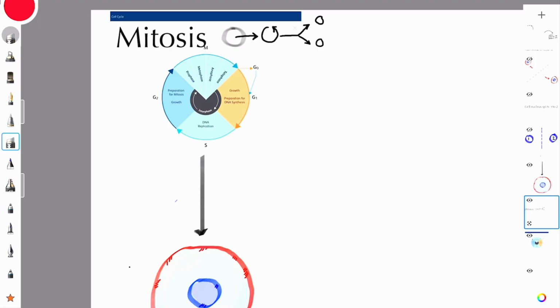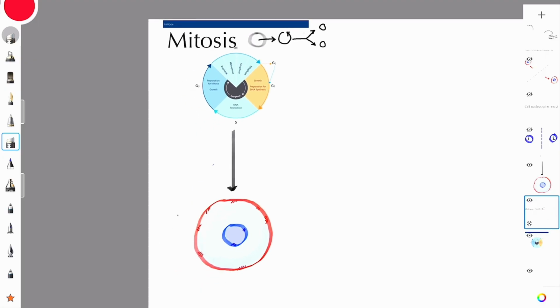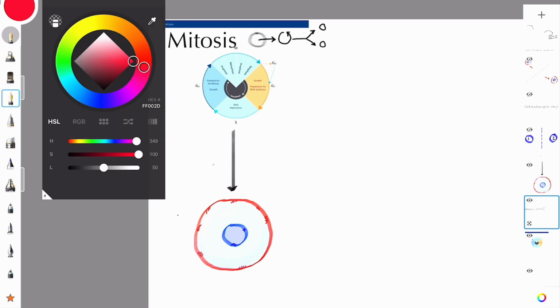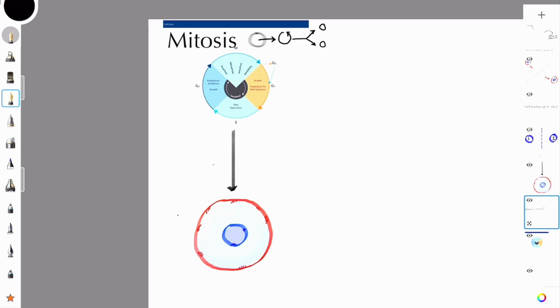So again, we are going to have a cell. In this case, I'm just going to put SC for satellite cell. This is a satellite cell. The satellite cell was released from the muscle, let's just say because we have been exercising.